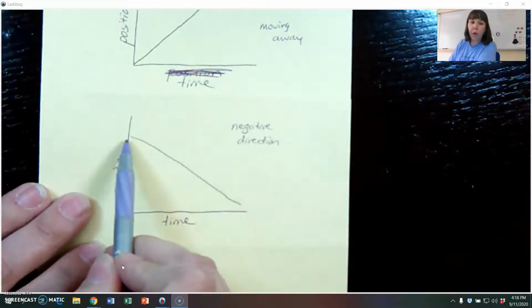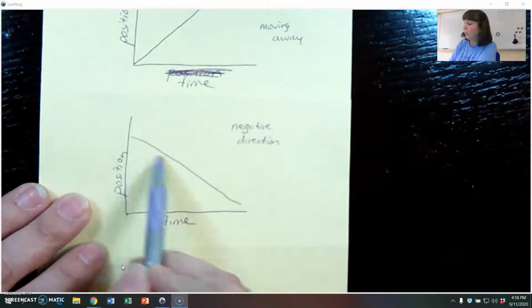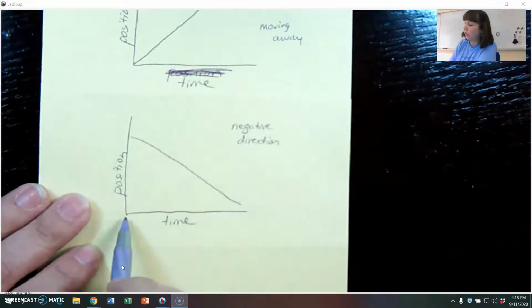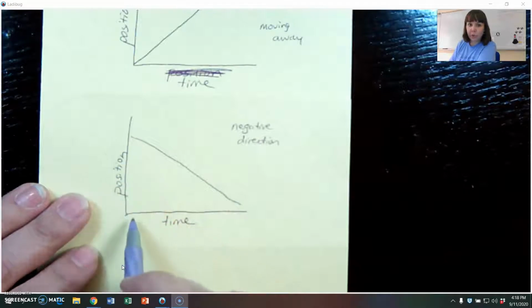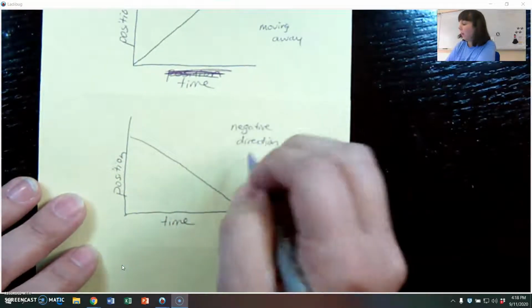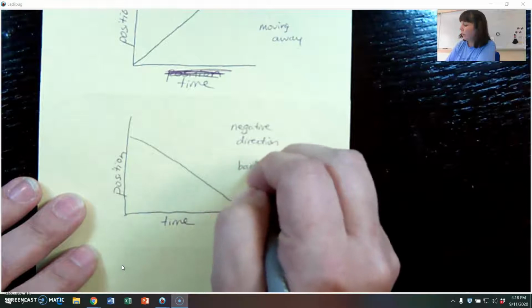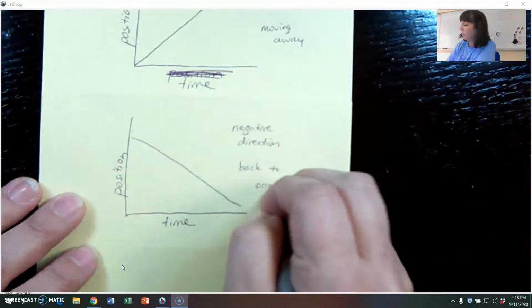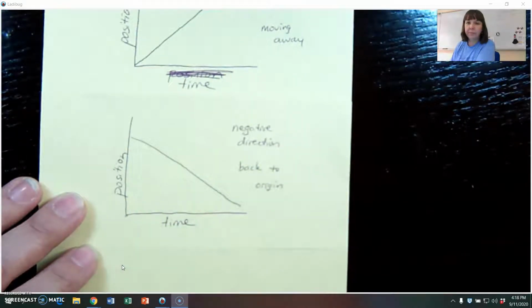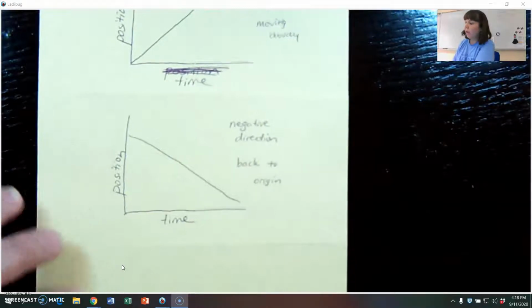And we started out away from our origin, and we're getting closer to it. So if our origin is position 0, then we're getting closer to our origin. We've been away, and now we're coming back to our origin. Okay?